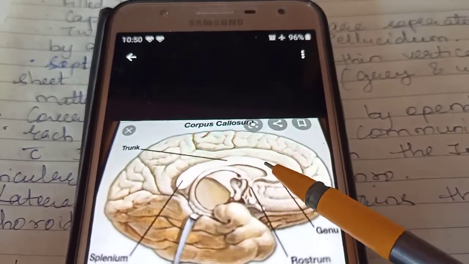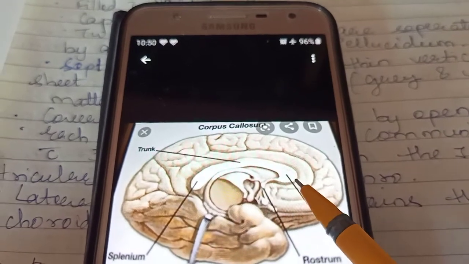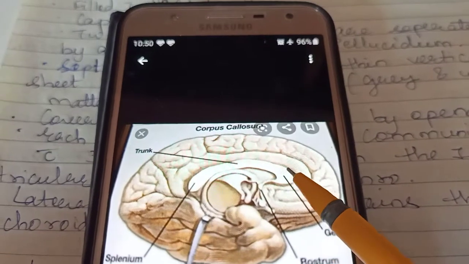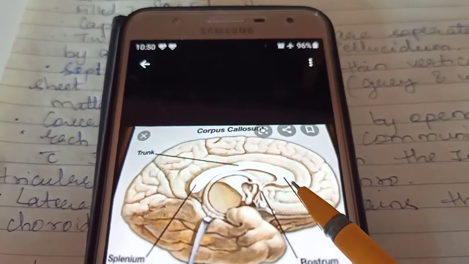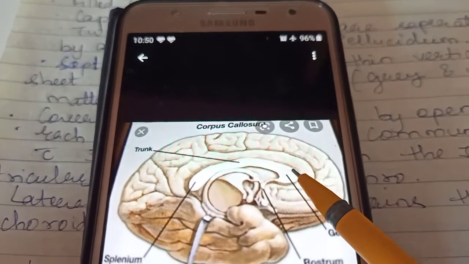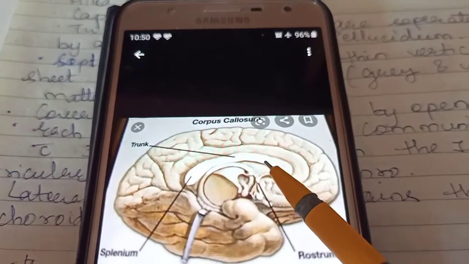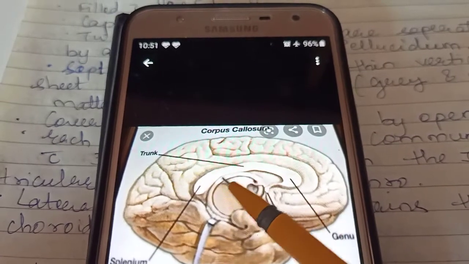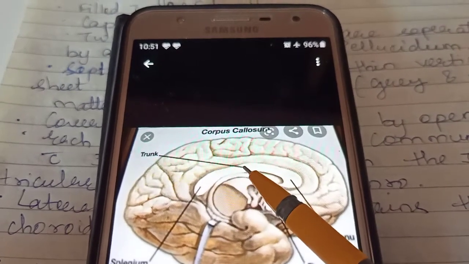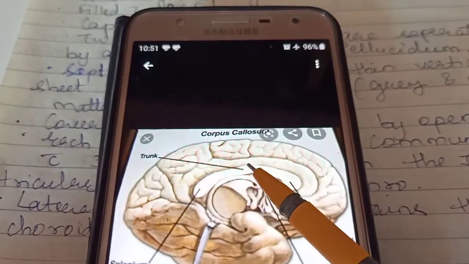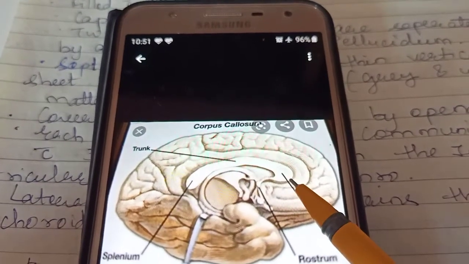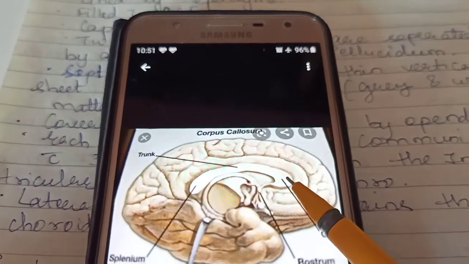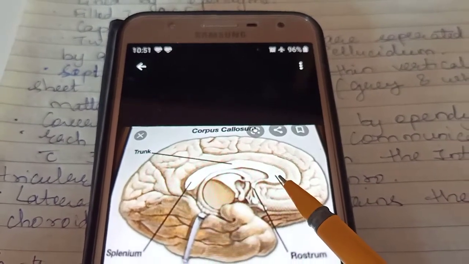So if you imagine, here is the anterior horn of the lateral ventricle and it extends from the interventricular foramen to the genu of the corpus callosum. Suppose here is a lateral ventricle, so here would be the anterior horn, then the trunk, that is the central part or body. The anterior extension is the anterior horn of the lateral ventricle.